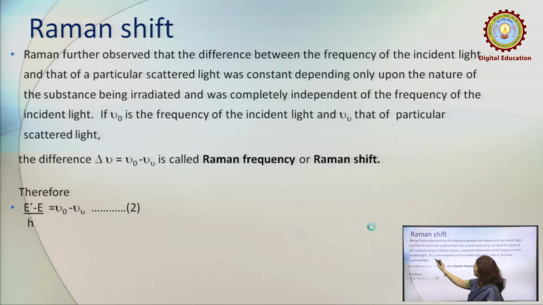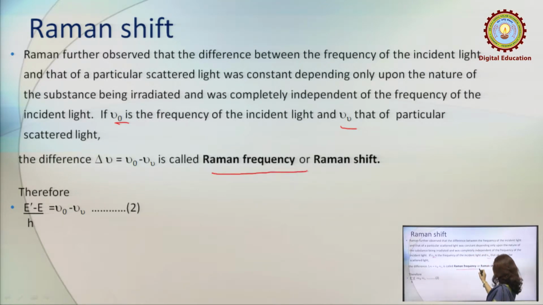If nu naught is the frequency of incident light and nu that of the particular scattered light, then their difference is called Raman frequency or Raman shift.